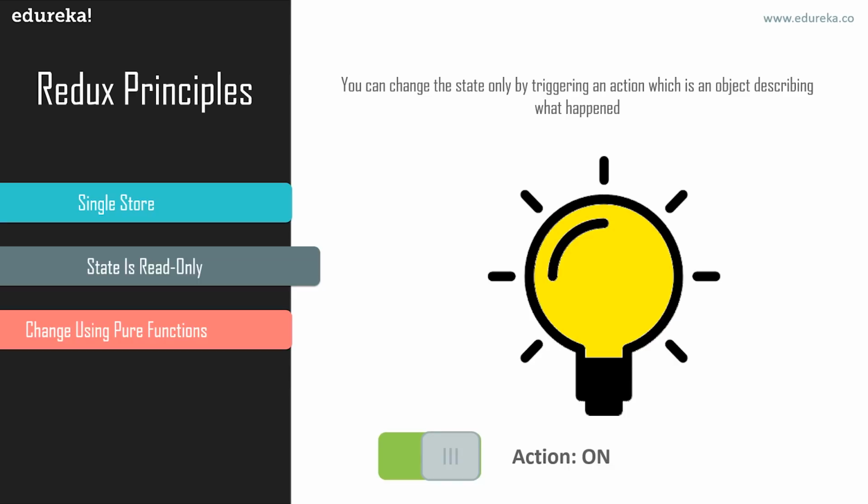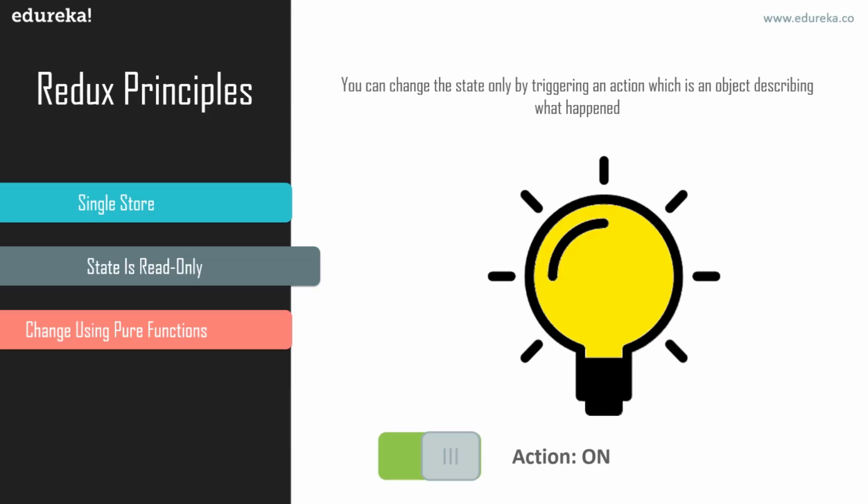So we talked about the single source of truth, and we talked about the state needing to be read-only. We are saying that state can never be mutated. New states are produced by applying an action to the current state, from which a new state object is produced. Many times it is the recommended practice that immutable programming techniques be utilized while working with Redux. So basically here we talked about the single store and that state is read-only.